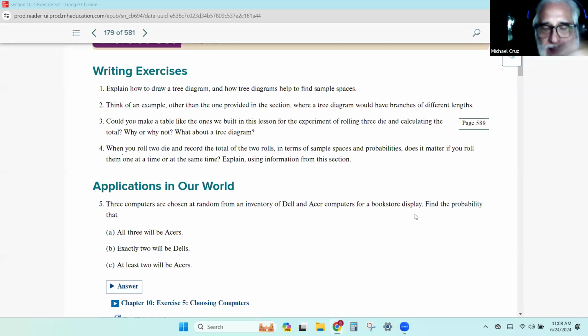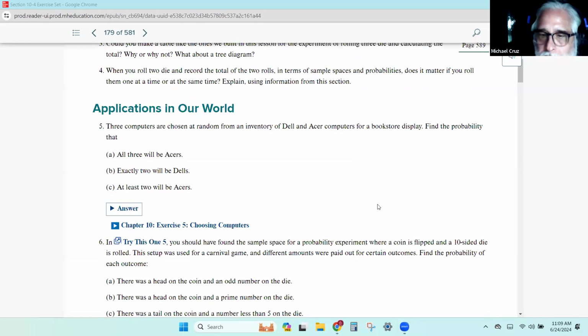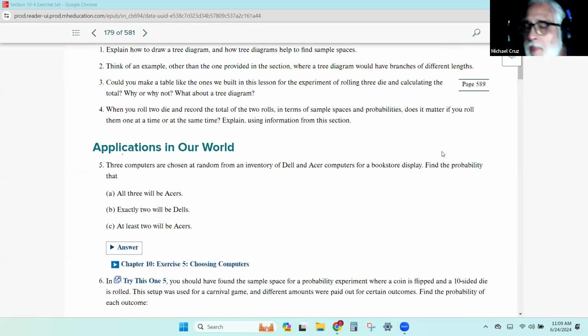So here's a kind of situation, and it does help to have a tree diagram on these. Let's see if I can fit one in here. 3 computers are chosen at random from an inventory of Dell and Acer computers for a bookstore display. So it works like this. You only got 2 choices, Dell or Acer.